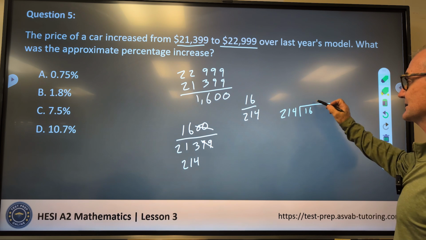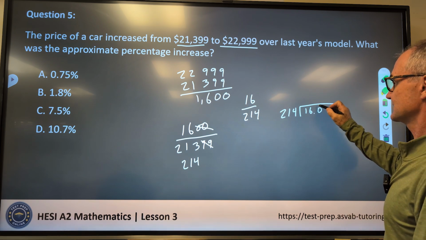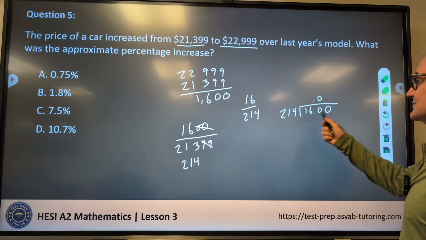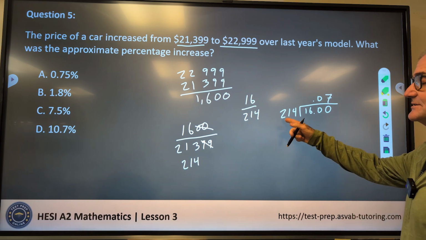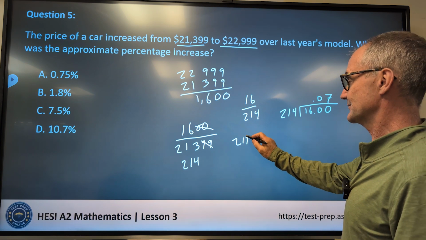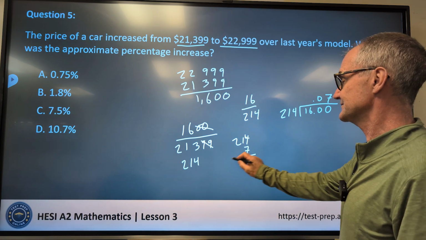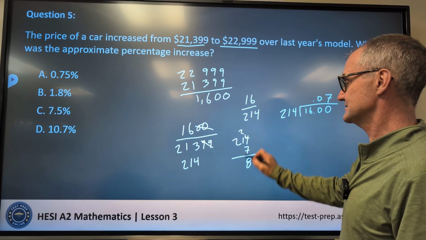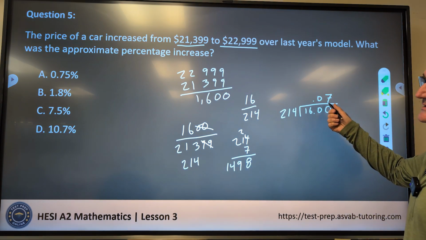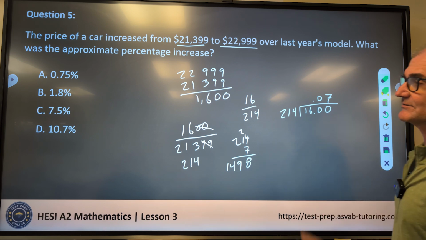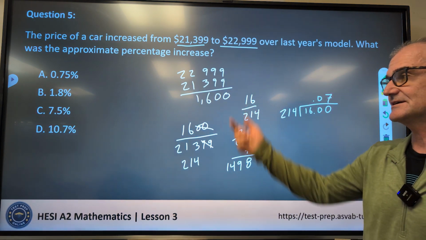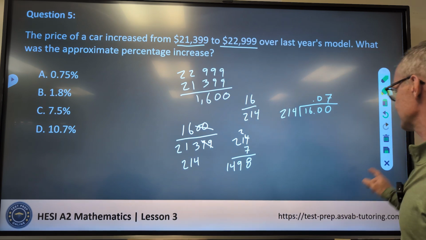Still doesn't go in there, right? I add another 0. And it goes in there about 7 times to give me 1,400, right? 214 times 7, it's 28, carry the 2, 9, 14, so 1,498. So I could see it's going to be 7% something. I don't have to go any further. Answer C is the only one that's going to be even close, 7% something. So correct answer, C.